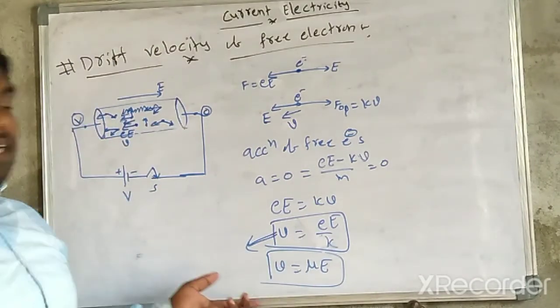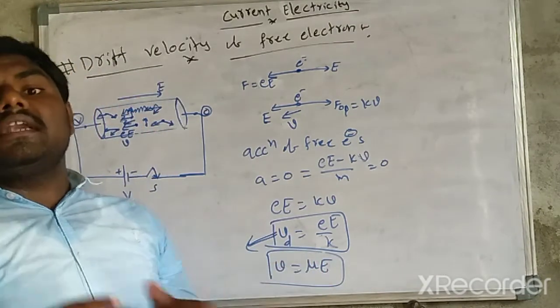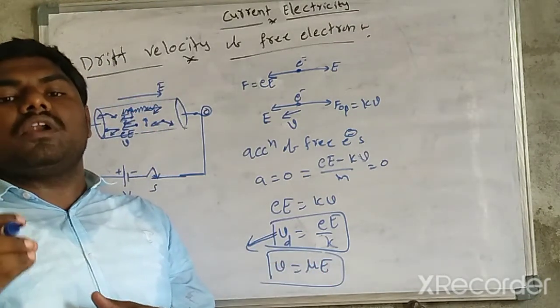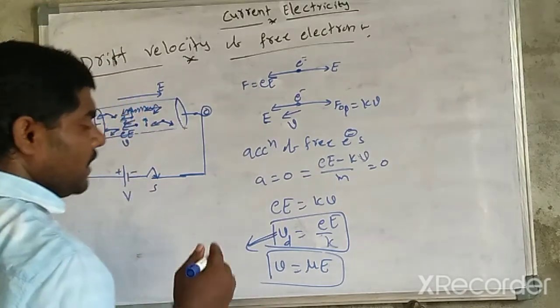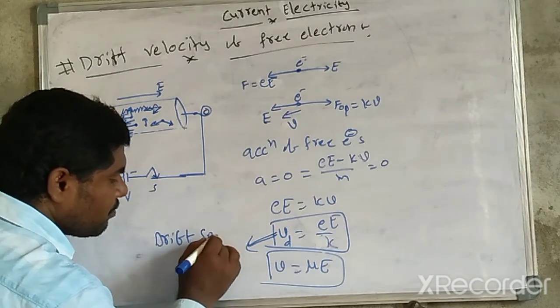Here this V is nothing but Vd. This Vd is the drift speed of the electron in a current carrying conductor.